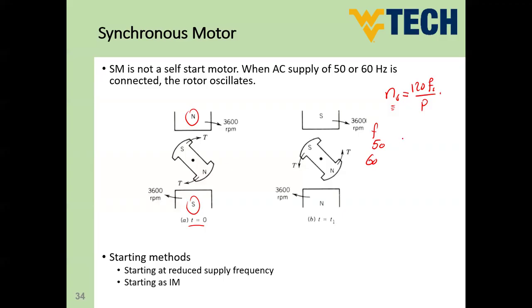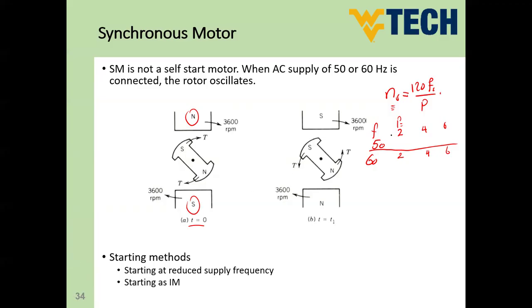So let's make this table together. In case of 2 poles, use 50 hertz and P equals 2. What would be the synchronous speed? In case of 4 poles, in case of 6 poles, you can continue making this calculation. Let's write that in a different color.